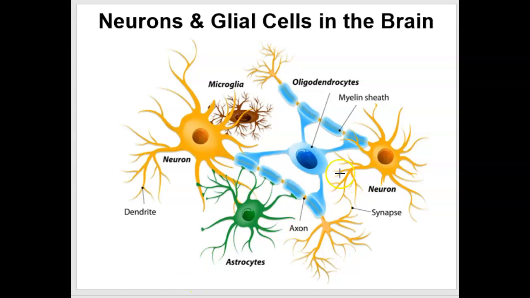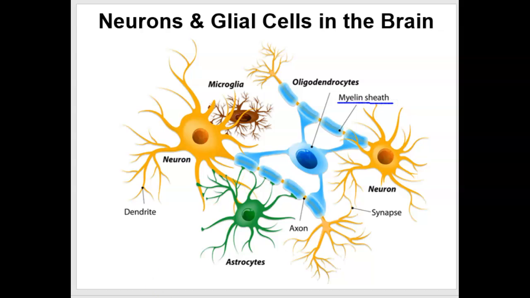The blue cell is an oligodendrocyte. And notice that it is wrapping part of its cytoplasm, but mainly cell membrane, around the axon of a neuron. In fact, it's doing double duty here. It's actually helping the axon of two neurons. So that's an oligodendrocyte. They form this protective covering on the axon, which is called the myelin sheath.